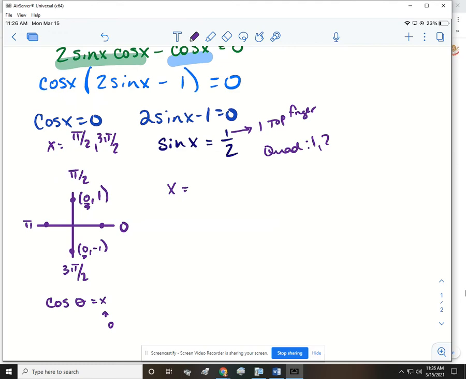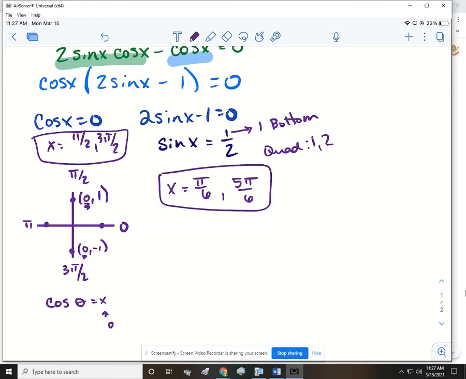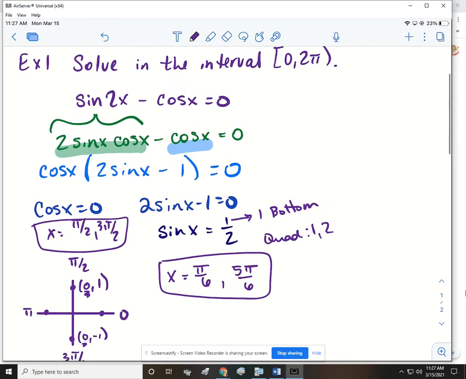So 1 top finger. Oh, shoot, I said that wrong. I'm sorry. Sine is bottom. My bad. 1 bottom finger is pi over 6. That's the answer in quadrant 1, and pi over 6 in quadrant 2 is 5 pi over 6. So this equation actually has 4 solutions between 0 and 2 pi.